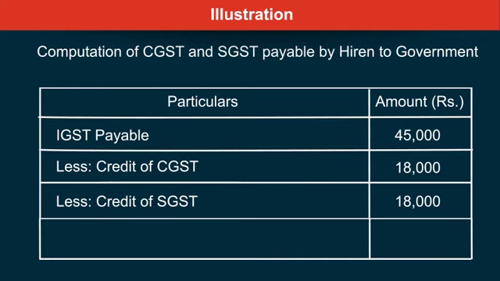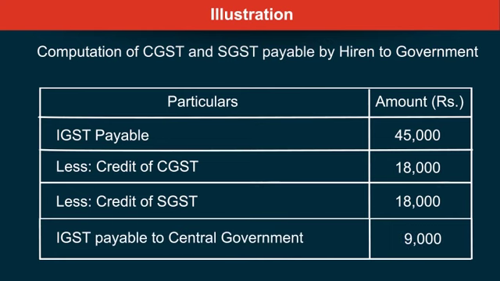Now against 45,000, this credit of 18,000 plus 18,000, that is 36,000, will be taken into consideration. So the net 9,000 will be considered as net IGST payable by Mr. Hiren. Now this is how the input tax credit can be considered in case of interstate transaction, and this is how the input tax credit can be utilized.